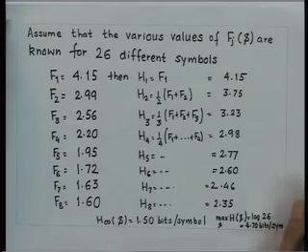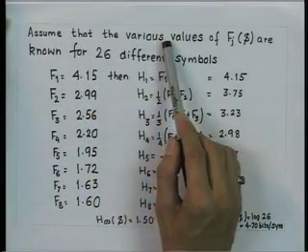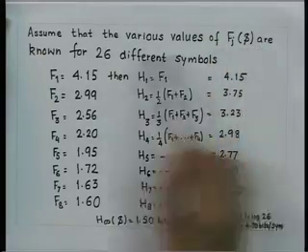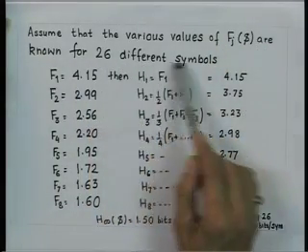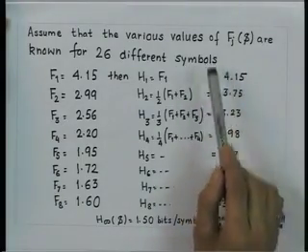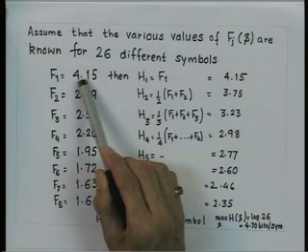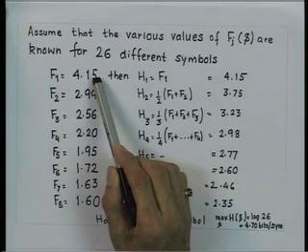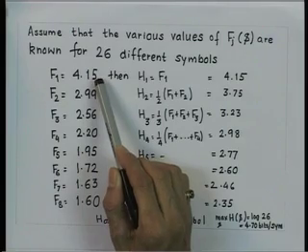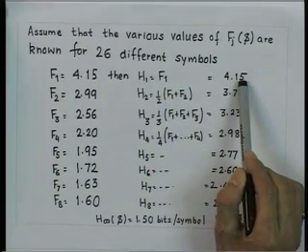Let us take another example to understand the concepts in a much better way. Assume that the various values of FNS are known for 26 different symbols. This could be an example of English literature. So, let us assume that I know F1 is equal to 4.15 bits per symbol. Now, from this I know H1 is directly equal to F1, so that will be equal to 4.15 bits.